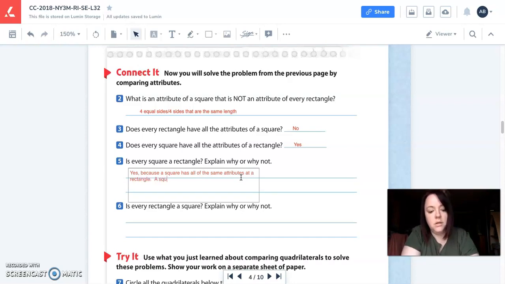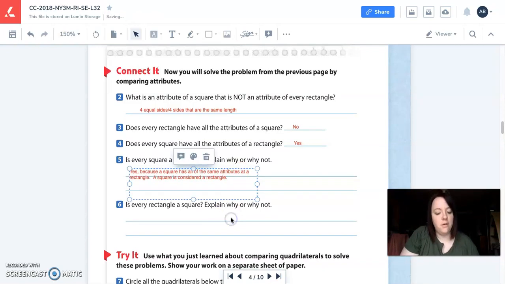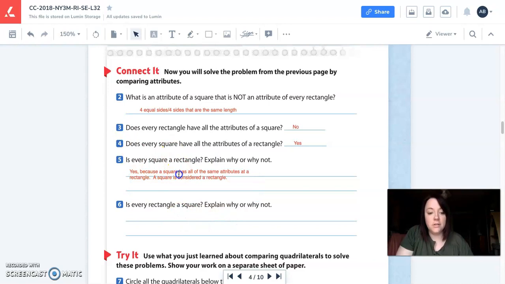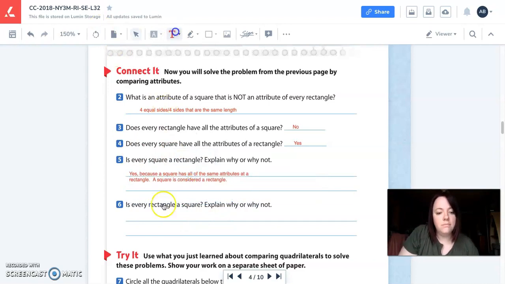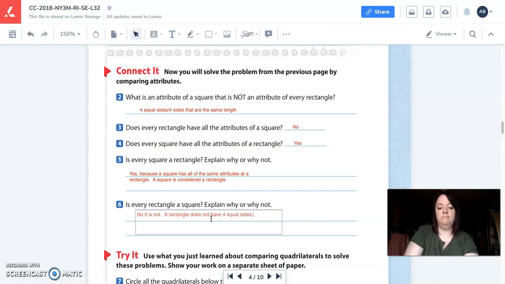A square is considered a rectangle. Is every rectangle a square? Let's move this down a little bit. Is every rectangle a square? No, it is not. A rectangle does not have 4 equal sides.